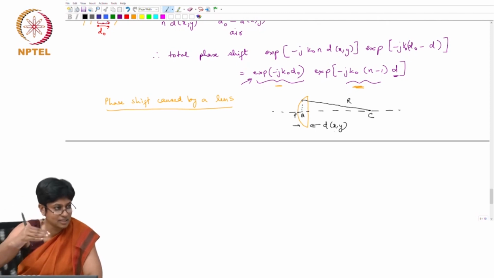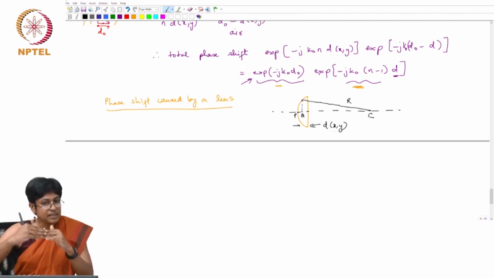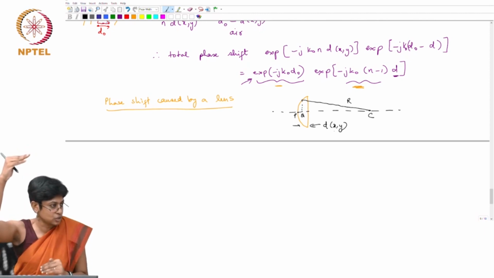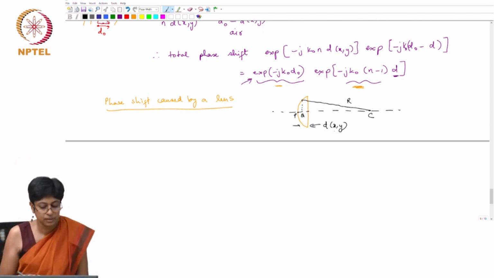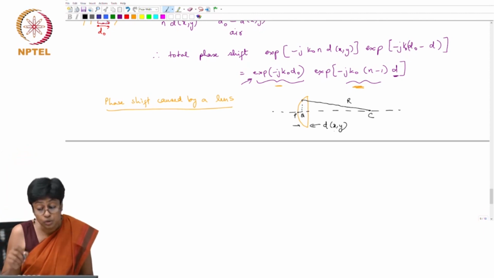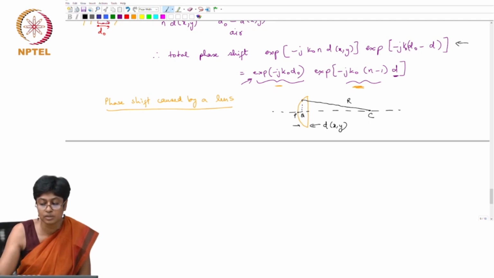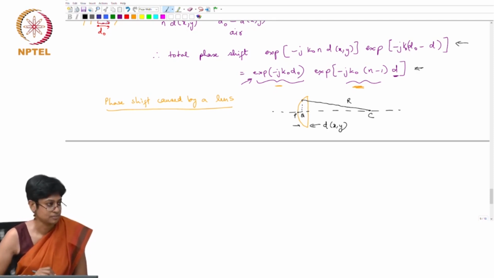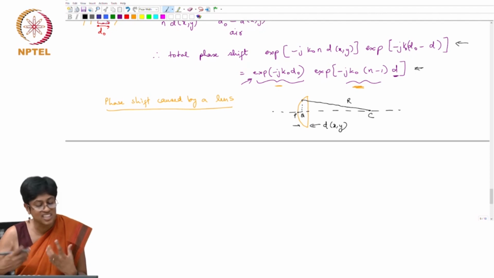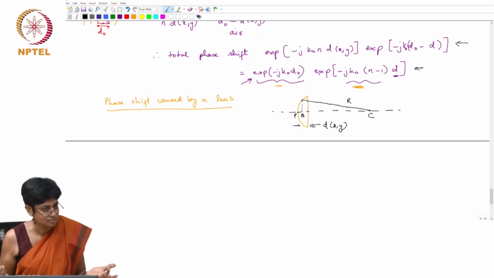Right? It's thickest at the center and symmetrically it reduces in thickness as you go to the edge. So I want to now find out an expression for d of xy and then substitute that into this equation. And that will give me the transmittance of a lens.